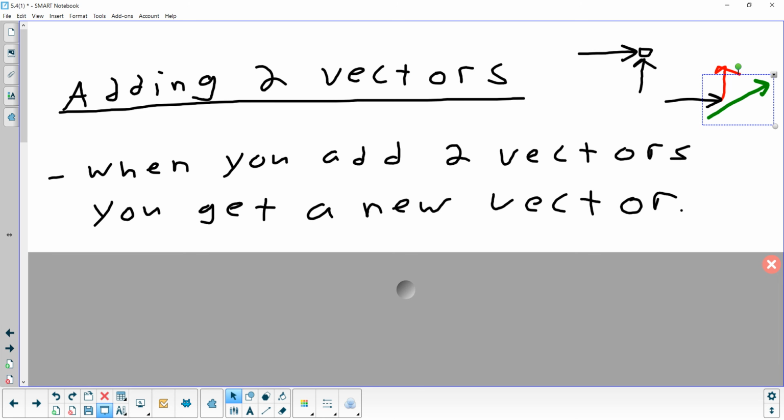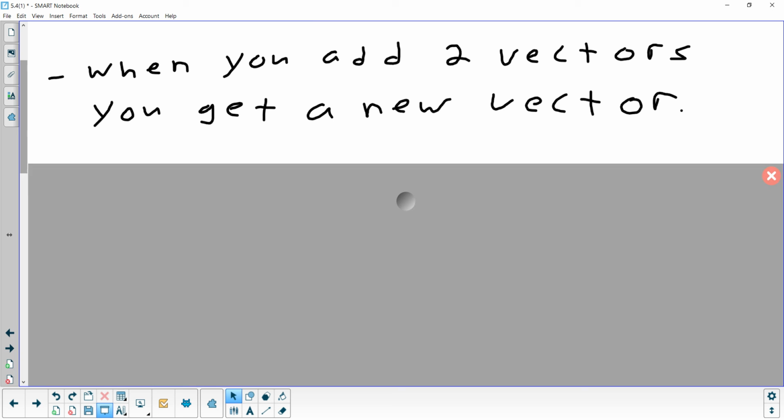But if there's 50 people pulling it one way and 50 people pulling it the other way, those forces are canceling out. So the result there could be 0. There could be no movement of the rope at all, but it's not because there's no tension in the cable. Everything is just balanced out. So that's kind of an important idea. We add 2 vectors together, you get a new vector.